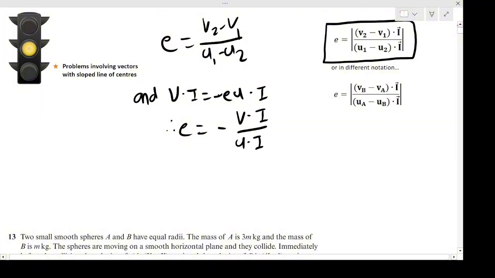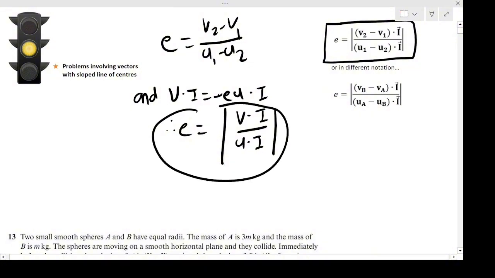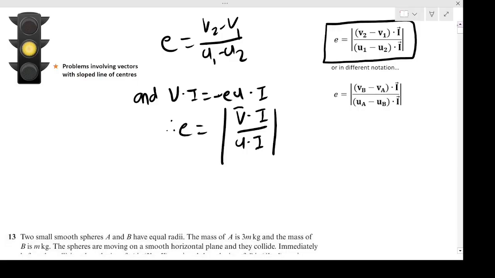Okay, and actually, because we have a minus on the front, we can just put a modulus around it, and then we could just make it positive because E has to be positive, right? So there we are. So we got to this formula for E, right? Okay, that's what we looked at in the previous video, where we looked at collisions with walls, but hopefully you can see now that the V and the U part, right, changed to V2 take away V1 and U1 take away U2, which is where it combines with the standard formula, right?